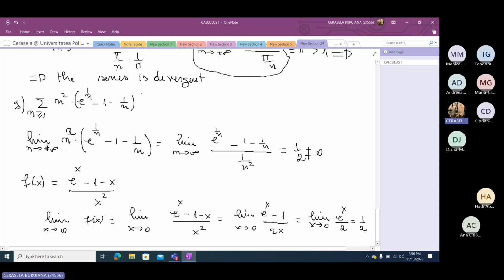Remember that if the limit of the general term is different from 0 or doesn't exist, it means that the series is divergent, from the necessary test. So it's divergent. I write here the necessary test, if it's not clear for someone. Okay, and I finished with this one. Questions till now?